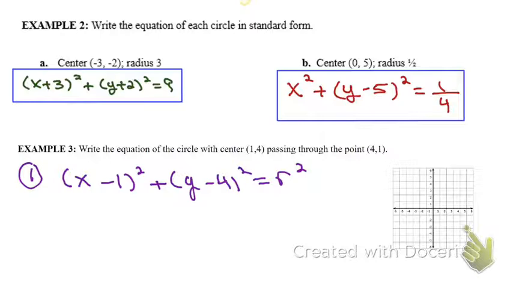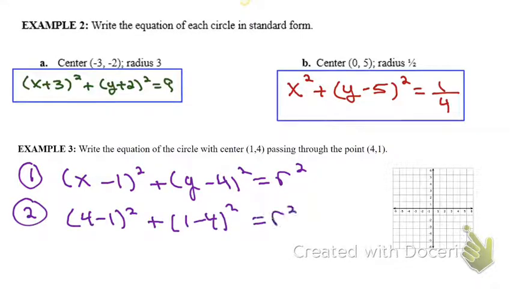However, we do know that the point (4, 1) is on this circle. So we can plug that point in for x and y, and that will allow us to solve for the radius. So we're going to have (4 minus 1) squared plus (1 minus 4) squared equals r squared.